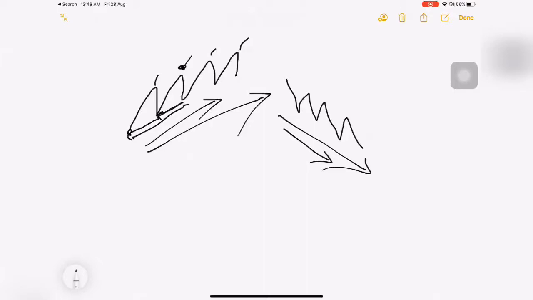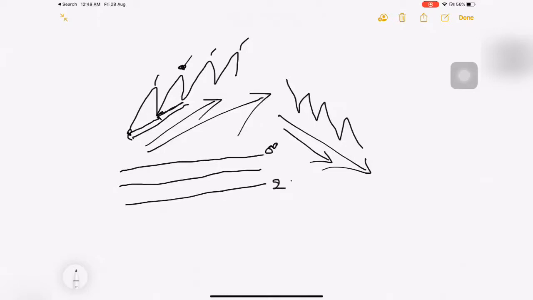When the market goes like this, the RSI will be plotted like this. If this is the RSI line, we have levels like 80 and 20, and this is the zero line.